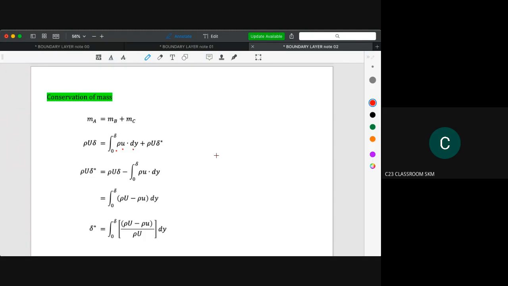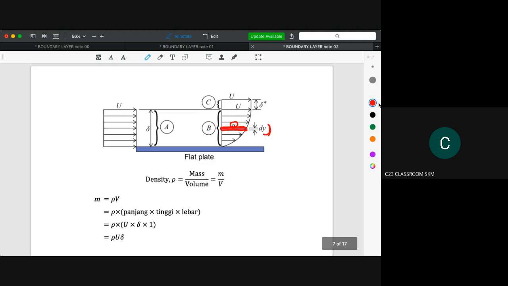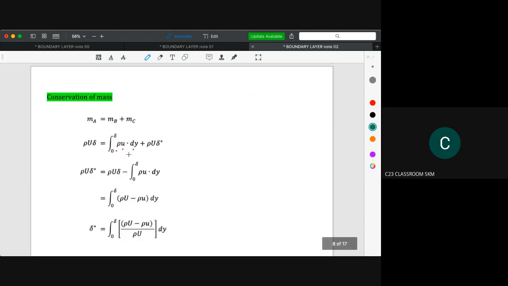To get the total mass for this area, we need to integrate, with limits from y equal to 0 until y equal to delta. That's why we write the integration of rho u dy from 0 to delta.